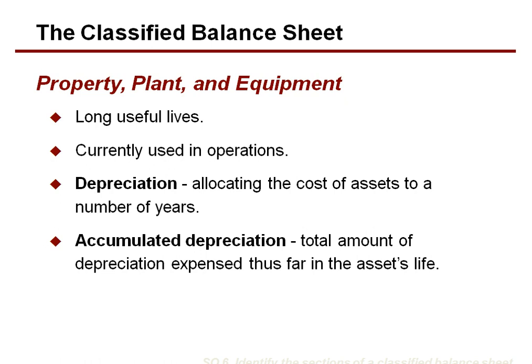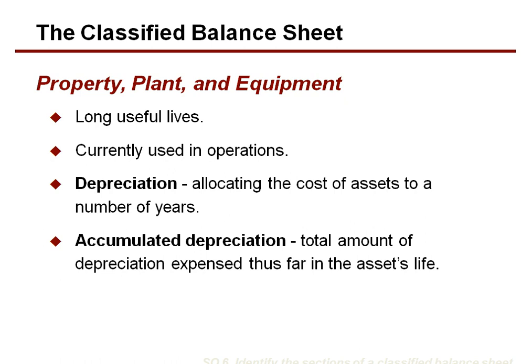Moving down, we've looked at current assets and long-term investments. Next item on the list was property, plant, and equipment. Things that live in this part of the balance sheet are there because they are used in operations. They're not inventory. They're not held for resale. The reason we own them is we're using them. They have long lives, and we depreciate them, and we show the net of their accumulated depreciation.